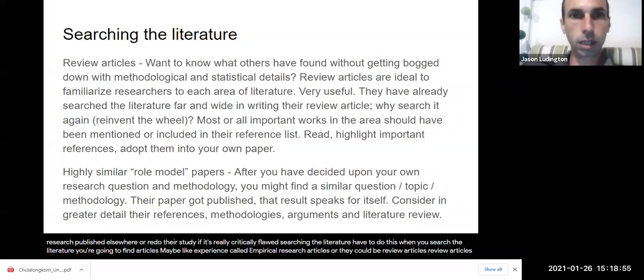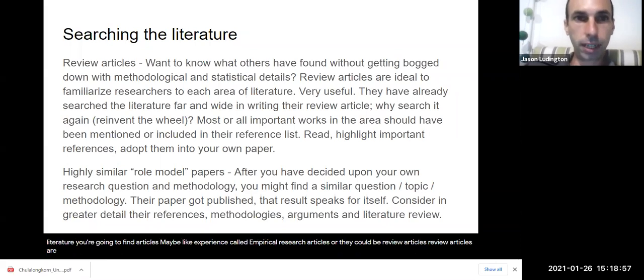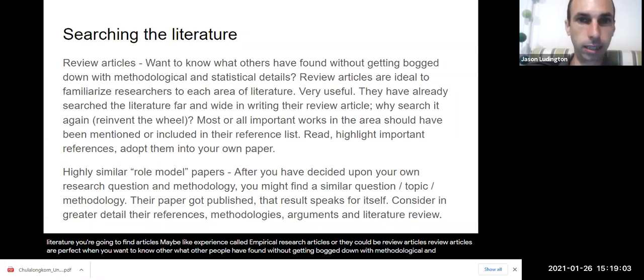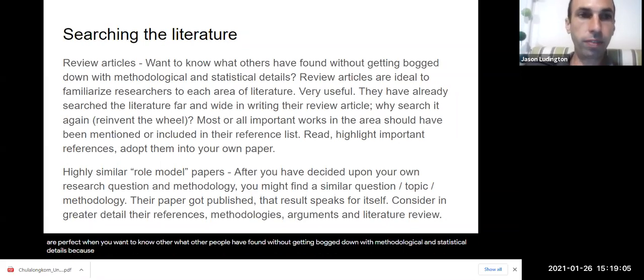Review articles are perfect when you want to know what other people have found without getting bogged down with methodological and statistical details, because review articles are summaries of an area of literature.